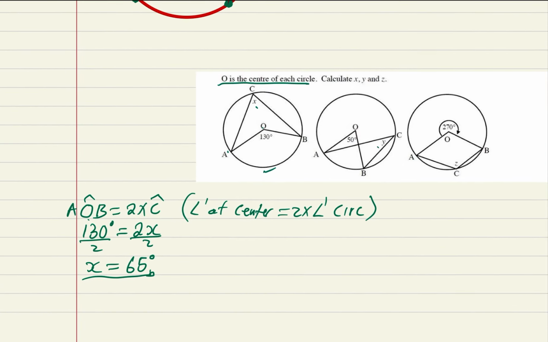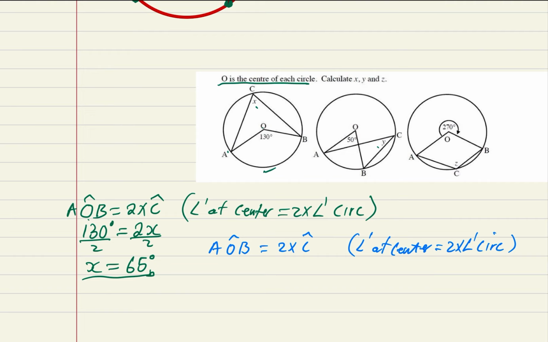Let's check Y. So again, you are going to do the same thing. You are going to say angle AOB is equal to 2 times angle C. Why? It's because of the angle at the center is equal to 2 times angle at the circumference.